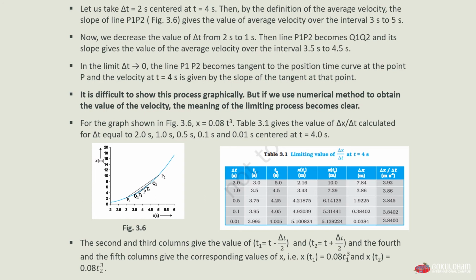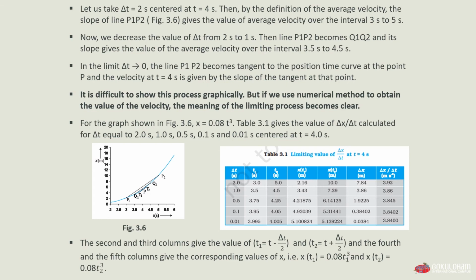For the second case, it will be 1, and so on for the rest. So for the first case, we substitute t1 equals t minus delta t divided by 2, means t1 equals 4 minus 2 divided by 2, and we get our answer for the first case of t1, which is 3.